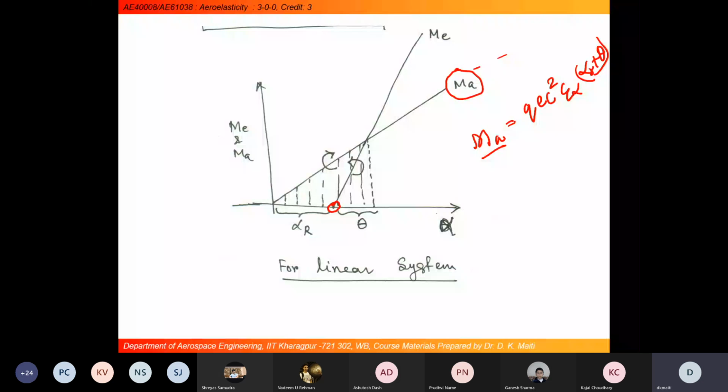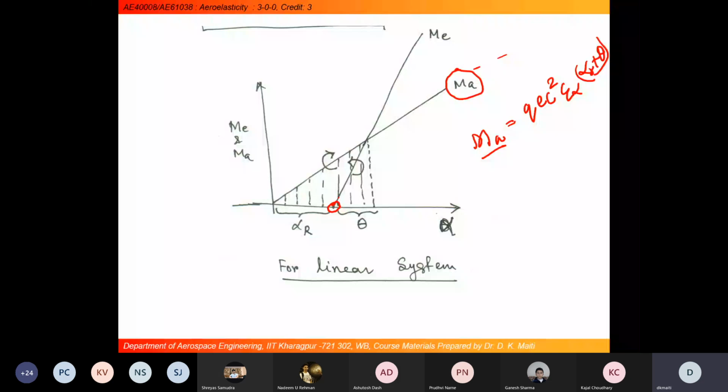So it will be some curve like this, and this will be the point where these two values, the elastic restoring moment and the aerodynamic moment developed, will be equal. So this is the point of equilibrium.